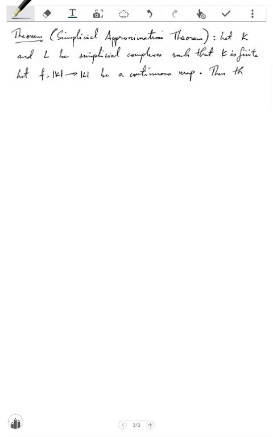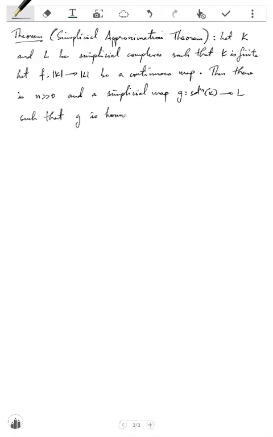Then there is an n sufficiently large and a simplicial map g from the nth subdivision of K to L such that g is homotopic to f. So, proof.